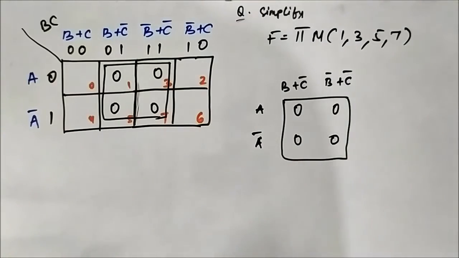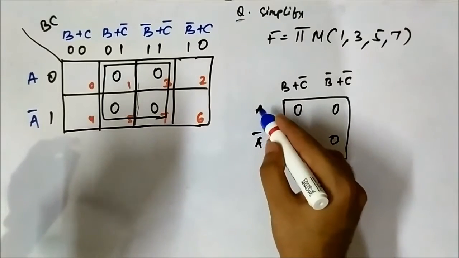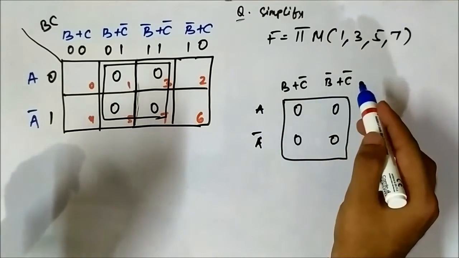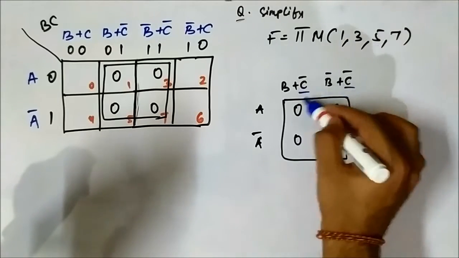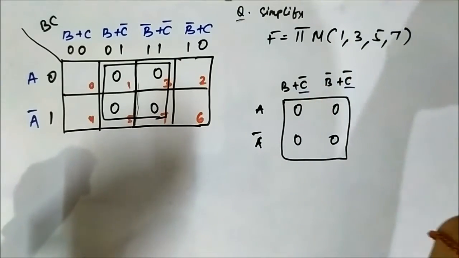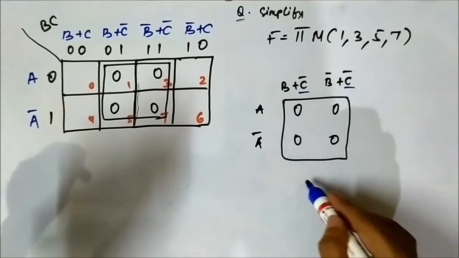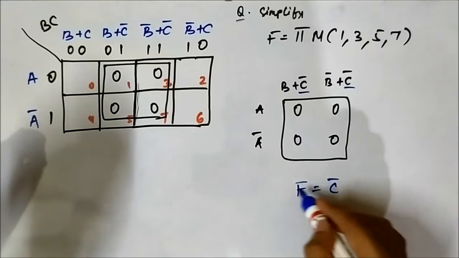So now here on the horizontal side there is nothing common because A is changing from A to A bar, or A complement. In the vertical side we have C bar same in both the vertical components. B bar is changing. So the simplified Boolean expression will be F is equal to C bar.